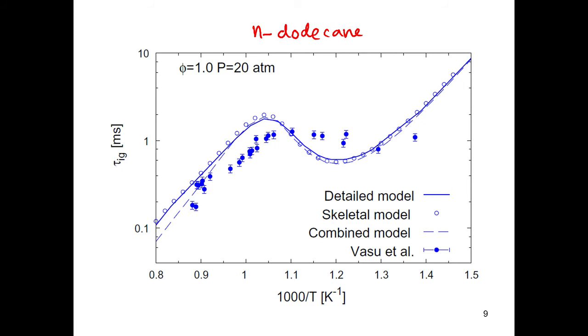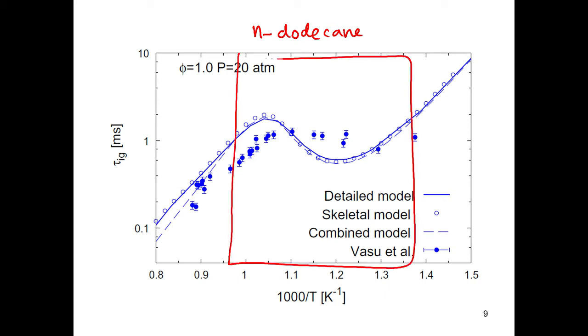Now, that is why it is important to understand the cool flame and this NTC phenomenon, because Dodecane, or this large hydrocarbon, shows this very interesting negative temperature phenomenon at these temperatures, which is about 1000 Kelvin and this is about, say, 900, 800 or 700 Kelvin. Okay.